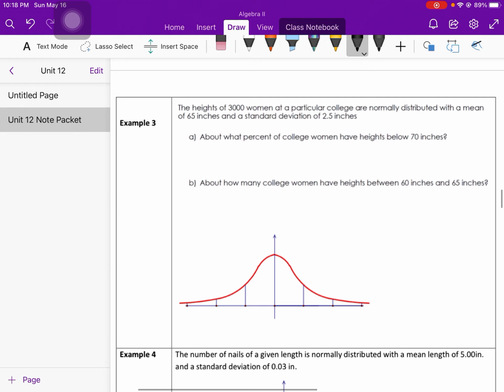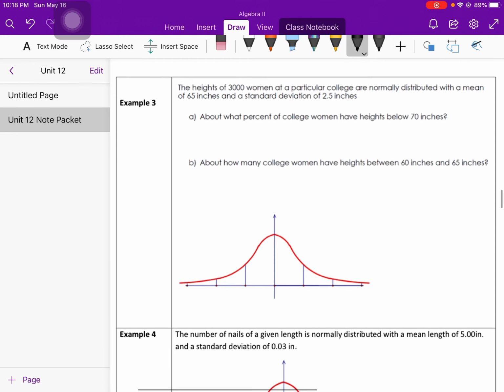Now with example 3, we have a different scenario. The heights of 3,000 women at a particular college are normally distributed with a mean of 65 inches and a standard deviation of 2.5 inches. Let's go ahead and fill in the chart first. 65 is the mean, and then we are adding and subtracting 2.5.